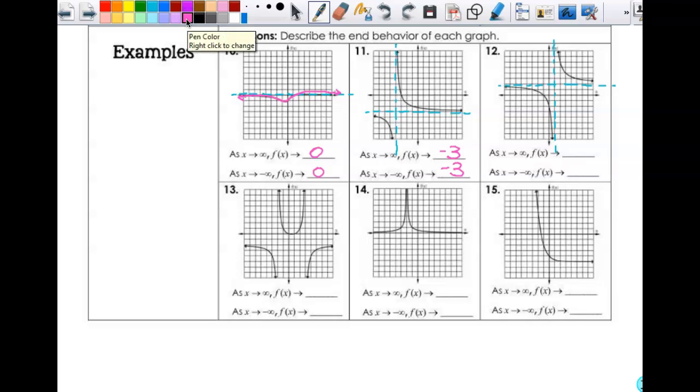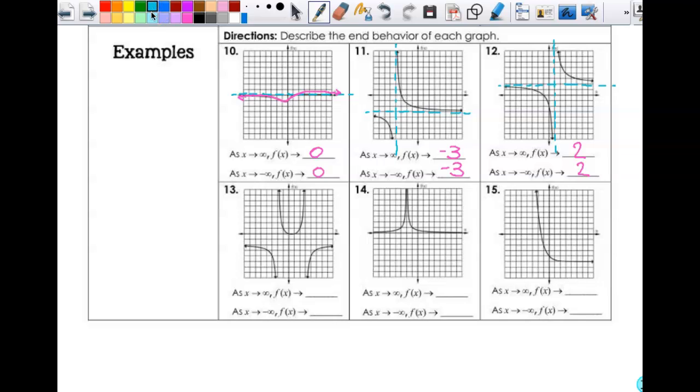So as x approaches infinity, what does f of x approach? 2. And as x approaches negative infinity, f of x approaches 2. Okay, and these two numbers, see how they're the same each time? It's not necessarily always the case either. We'll get to that.